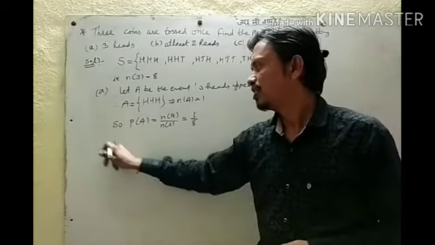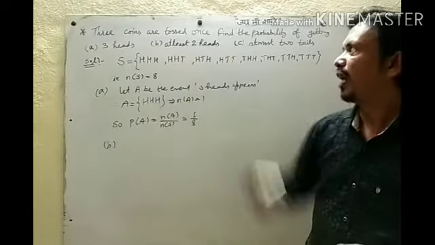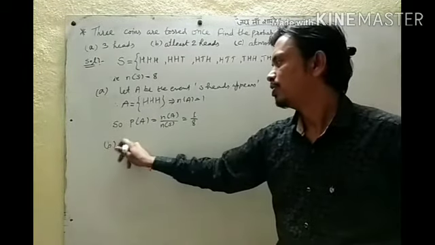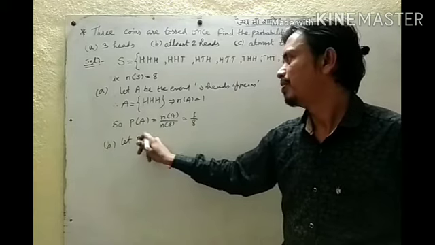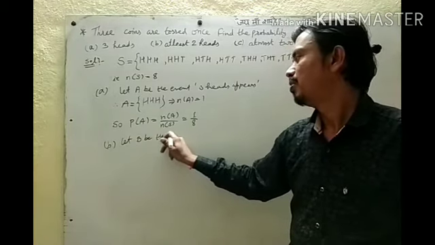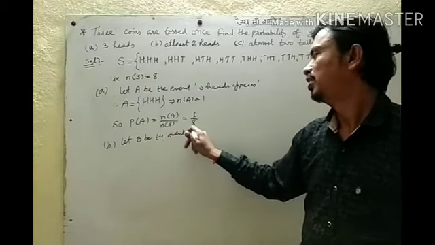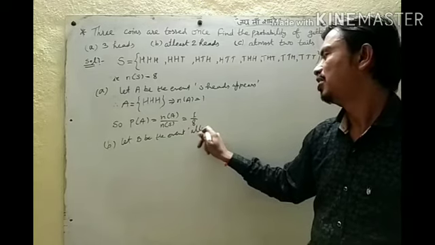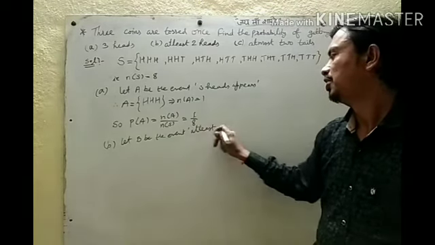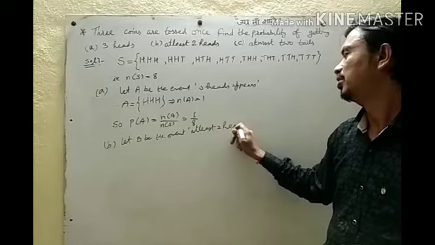Now for the second case, B, at least 2 heads. Suppose this event is B. B be the event that at least 2 heads appear.